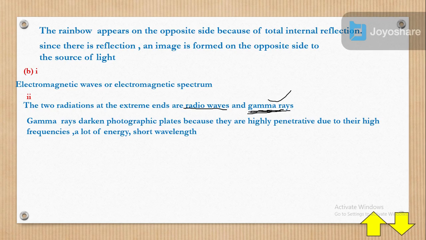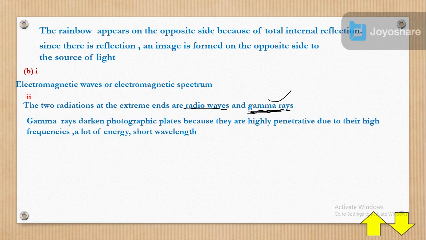In fact, the picture of the bone on that paper means that the rays pass through and bring an effect on the photographic plate. Now you see that the gamma rays have an effect there, and what do they do? They darken the photographic plate because they are highly penetrative, meaning that they can pass through a hard surface including a bone. Okay, in simple terms.